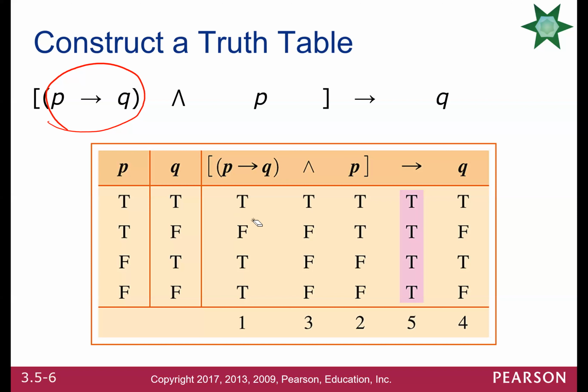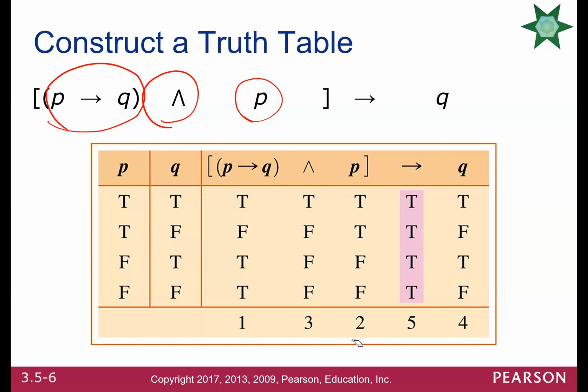Next, we want to rewrite P, so we have a column which we numbered 2 as column P. And then we're going to do the conjunction for column 1 and column 2. That will be column 3.